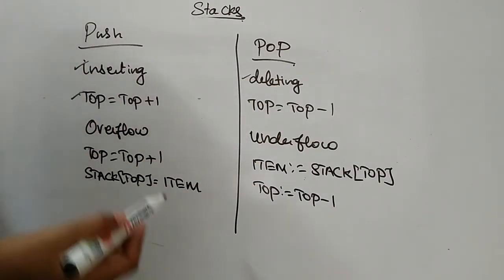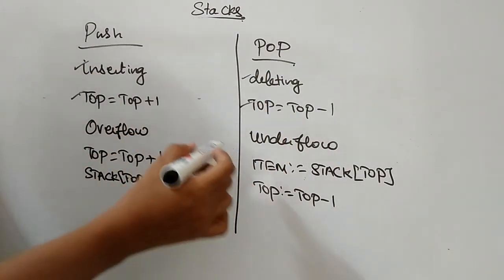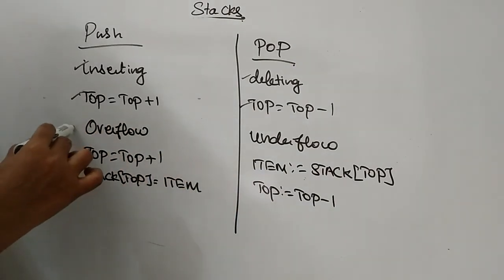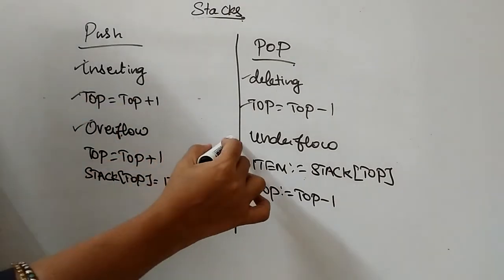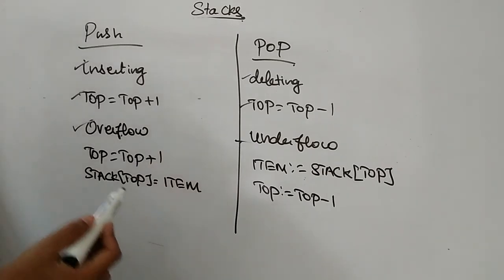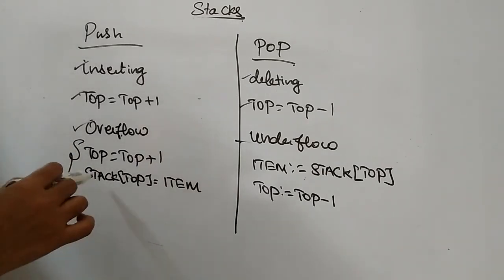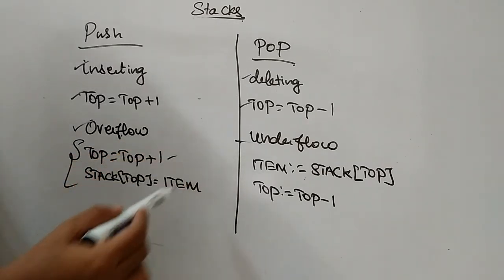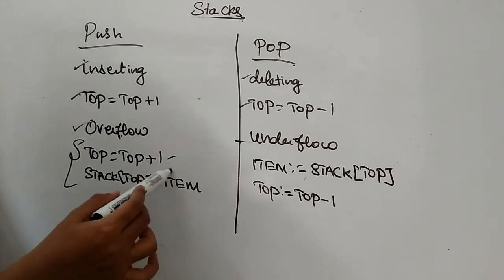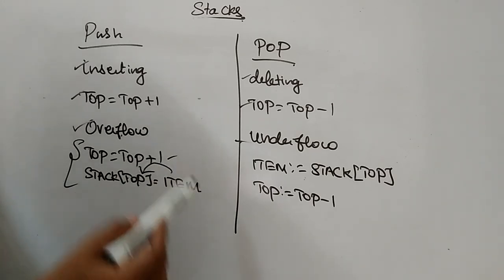Just to see the difference, here we are inserting, here we are deleting. Here the top pointer is incremented by 1, here it is decremented by 1. Here we are checking for the overflow condition, here we are checking for the underflow condition. For the push operation, first we are incrementing the top pointer, then we are going to store the item onto the stack.